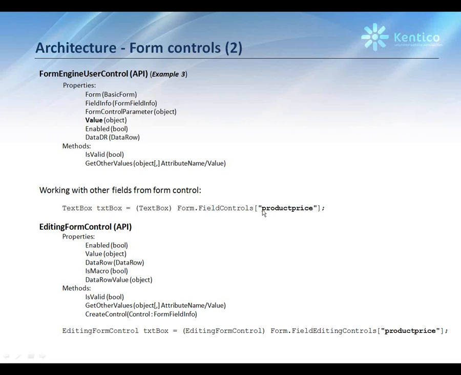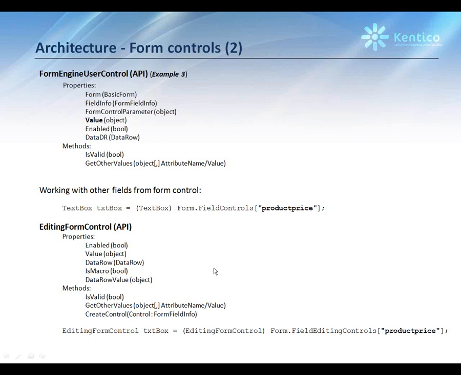In this case, I access the product price form control and cast it to TextBox because I know that the product price is of type text box, and then I can simply change the TextBox Text property in order to change the value in the hash table.